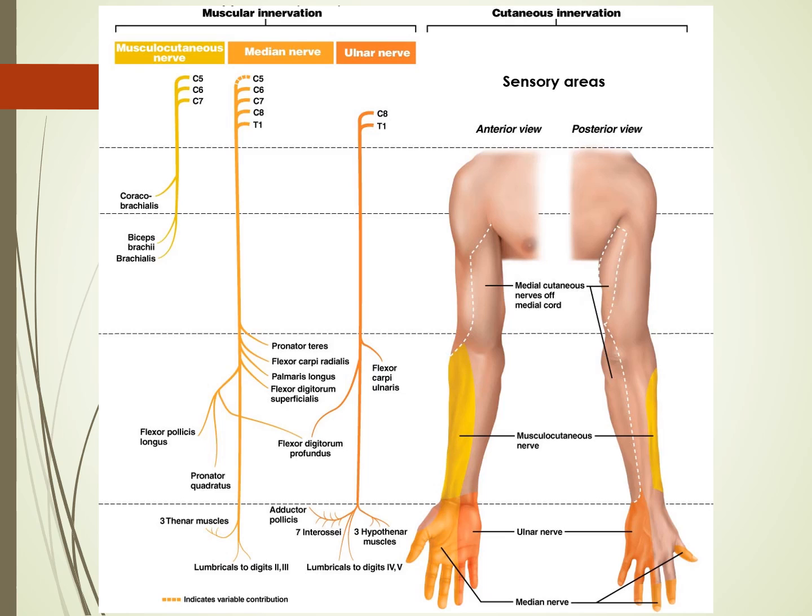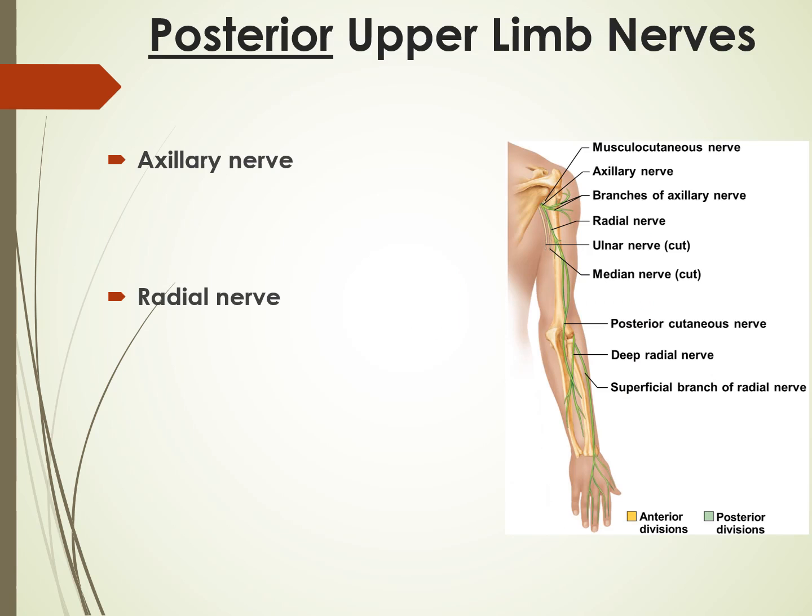So I think this is just a great picture from your book that shows you the muscular innervation of these different nerves. So now that you know some of these muscles, you can really say, okay, oh, those are the flexors of the wrist and the digits, or oh, those are the flexors of the elbow, right? So you should be able to recognize some of these muscles that it's innervating.